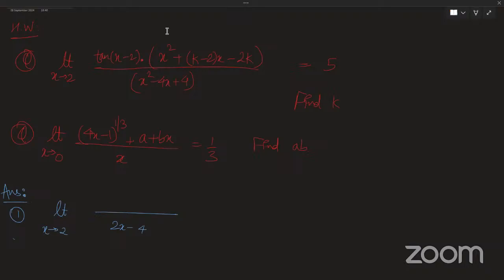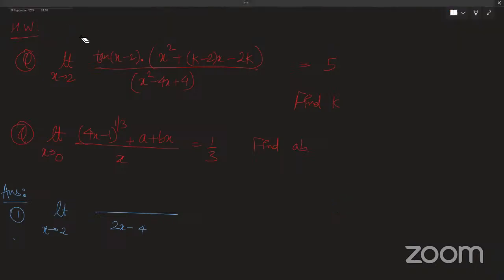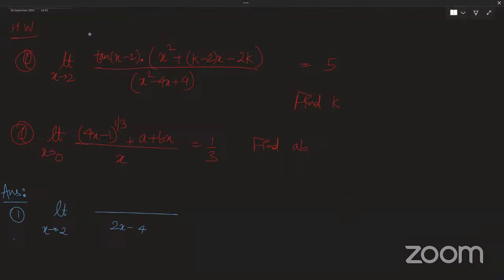You have got two functions, tan of x minus 2 and the other. You differentiate one function at a time and keep the other as it is. So you have tan of x minus 2, its derivative will be secant square of x minus 2, and the second function as it is.